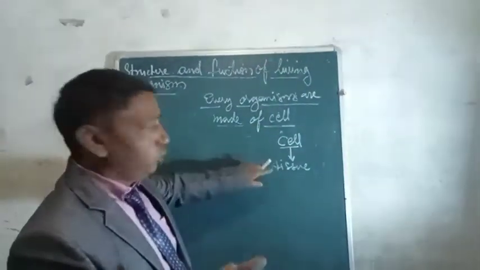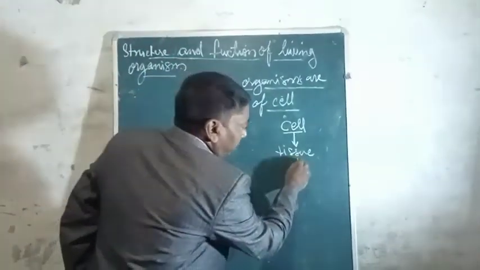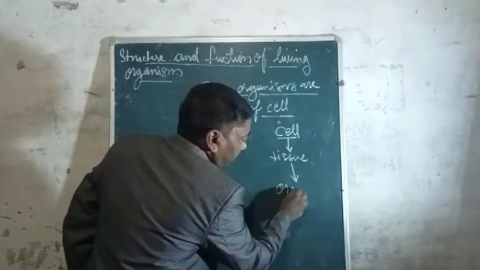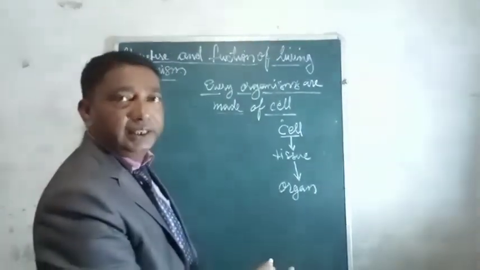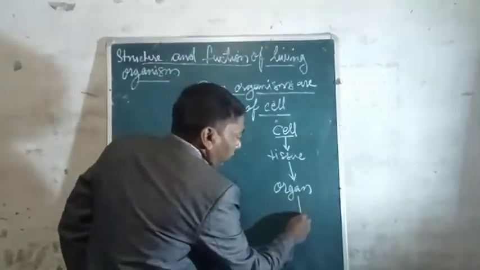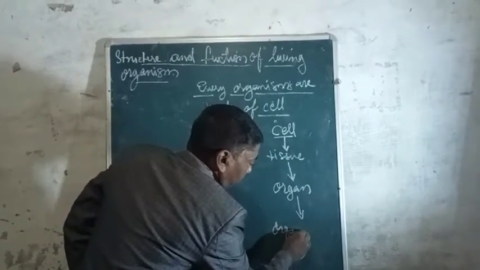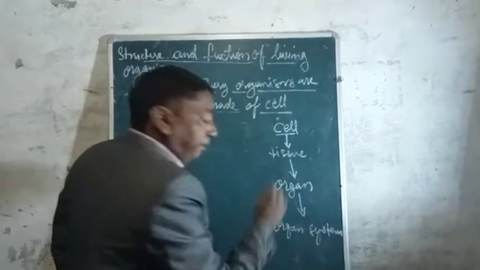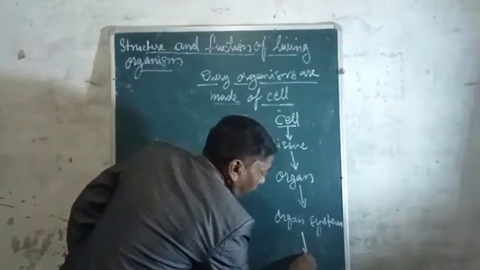Many cells join together to form tissue, many tissues join together to form an organ, many organs join together to form an organ system, and many organ systems join together to make an organism.